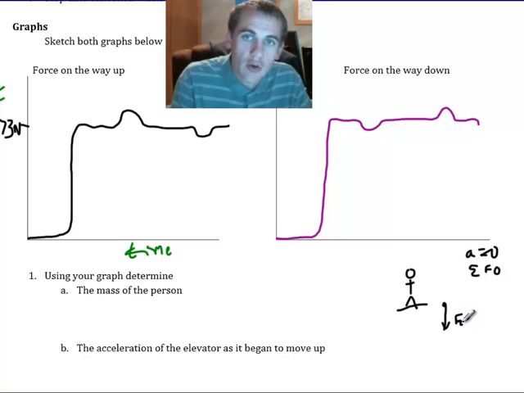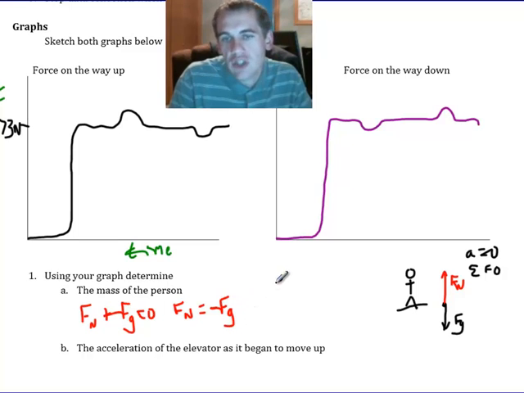Okay, and so I know gravity is pulling down, Fg, and I also know that the normal force, or the force from the scale, is pushing up, Fn. So I can say Fn plus Fg equals 0, which means I can say Fn equals negative Fg.